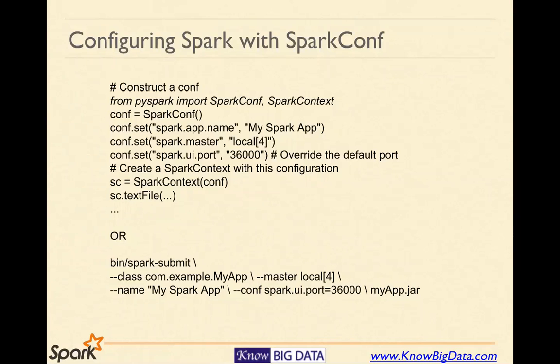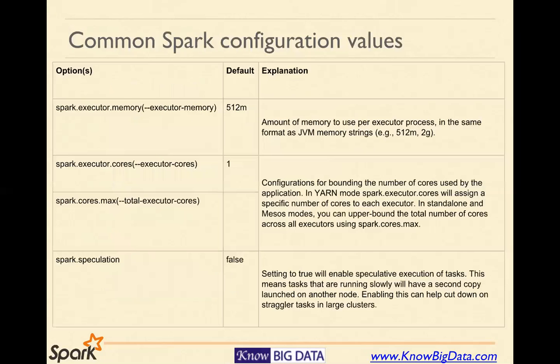One, as a command line argument, the other by setting up a conf object like this. By using the SparkConf object, we can set various values, or we can pass them on the command line by specifying various arguments. Either one is fine. While the first needs you to code it in a file, the second is just an argument. There are many configuration variables that you can use to fine tune.